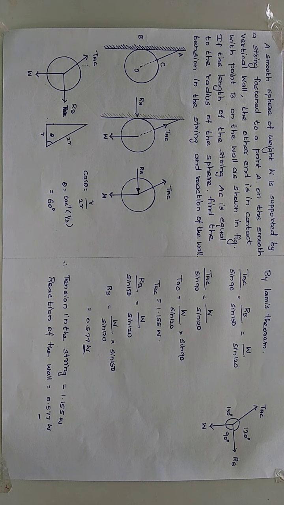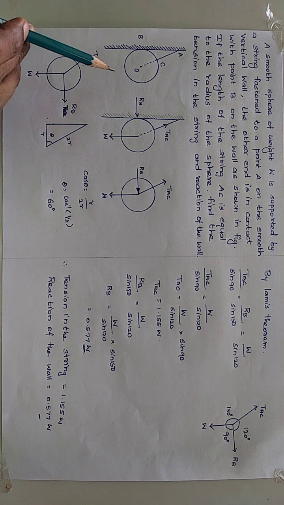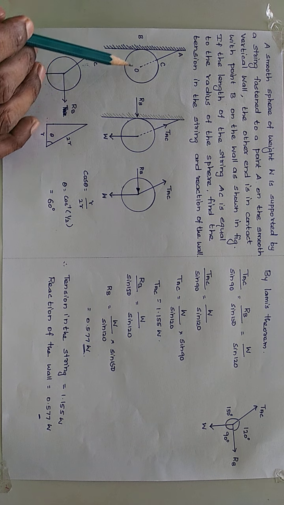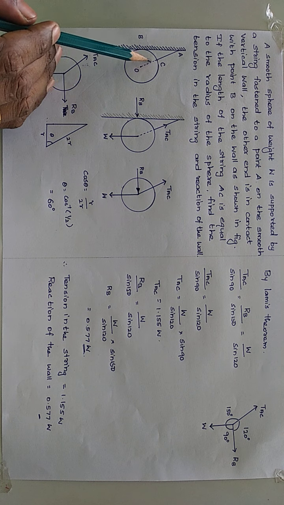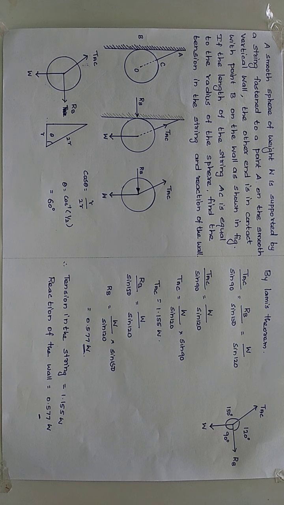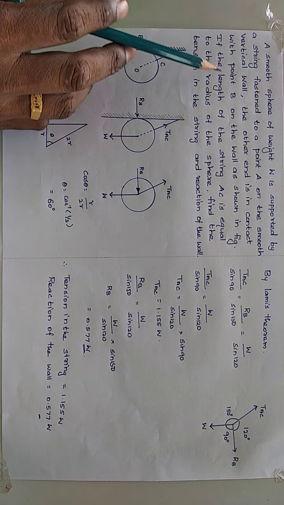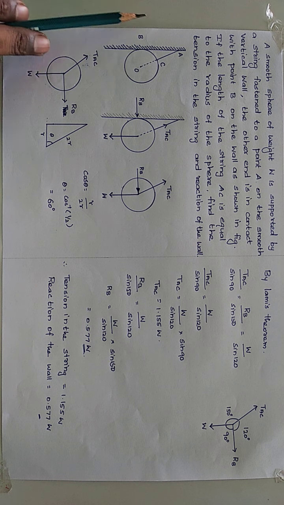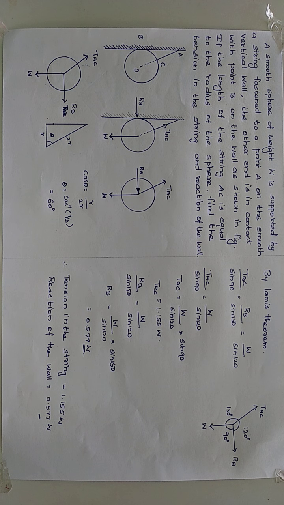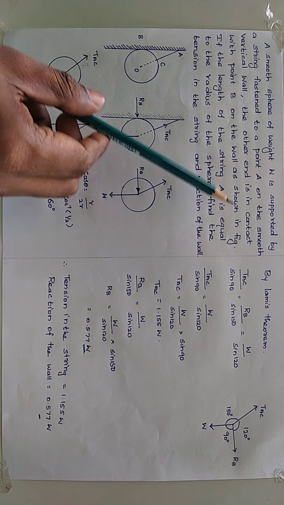The other end is in contact with the point B on the wall as shown in the figure. A smooth round sphere is fastened at point A by a string, and it is in contact with the vertical wall at the point B on the wall as shown in figure.